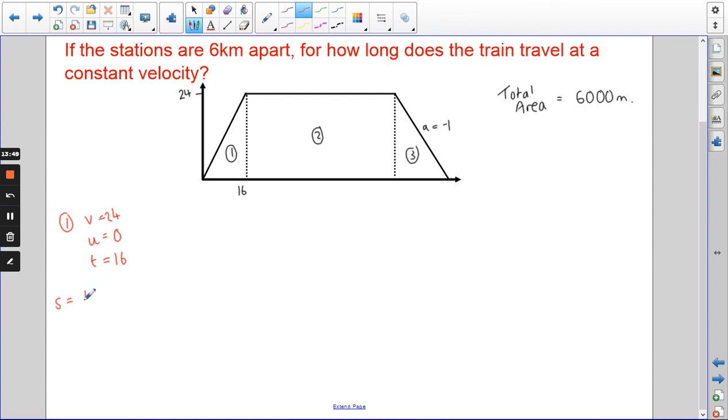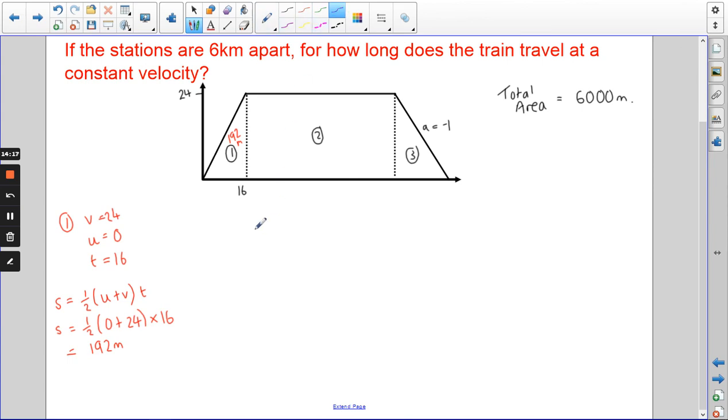I've got u, v and t, so it makes sense to use them. s equals half u plus v, t. Of course you could find a if you wanted to. It's probably not very nice and therefore it's not going to be very accurate. Put in the numbers then, so a half of 0 plus 24, which is 12. 12 times 16 is 192 meters. So the train takes 192 meters to get up to speed.